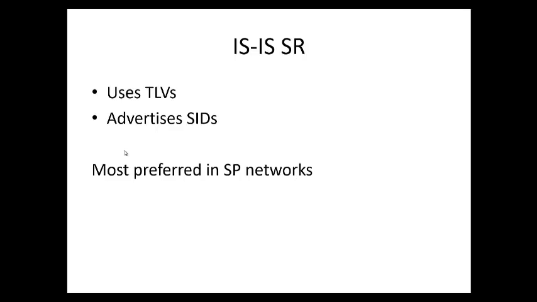ISIS carries the instruction. It carries the node SID or prefix SID to all other routers using the additional TLV, type length value, which is nothing but the field in the ISIS protocol header.